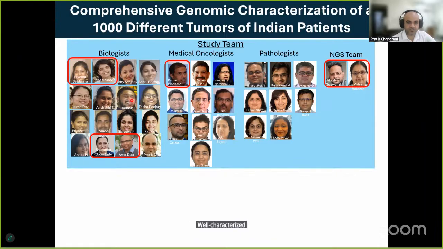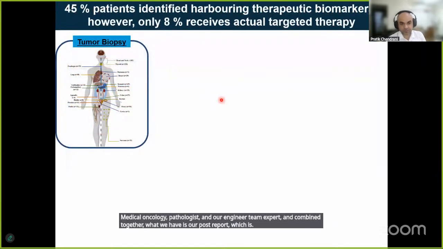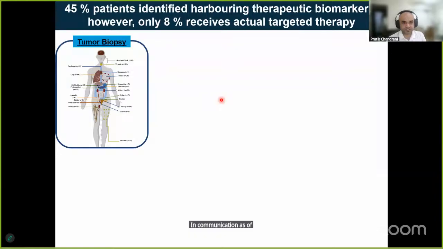So we formed a team of fantastic, motivated biologists, medical oncologists, pathologists, and our NGS team experts. Combined together, we have our first report, which is in communication as of now, in which we were able to profile tumors across 20 different cancer types across the body.